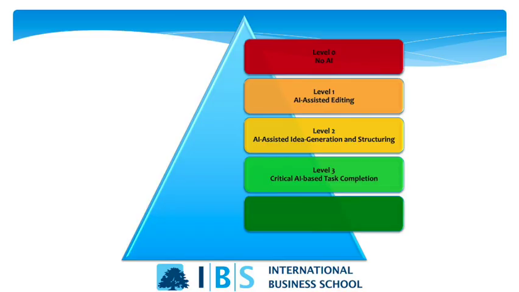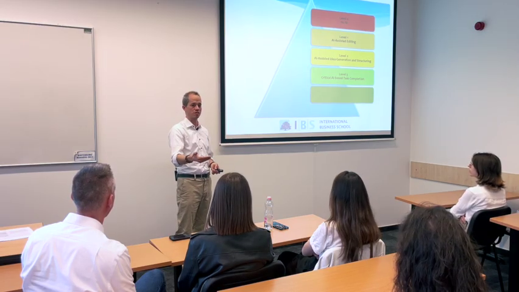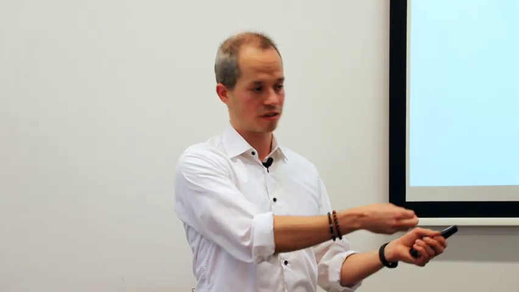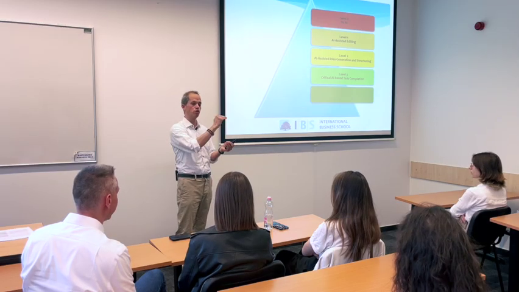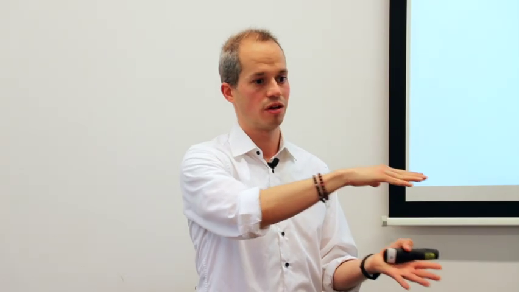Level 3 is the critical AI-based task completion. So here, if the module leader says that this is your level, then you can ask the AI to generate you a paragraph, let's say an argumentative paragraph on a certain topic, and then you need to reflect on the AI-generated material. So here, you should be very explicit about what was the AI-generated part and where does your own contribution begin.